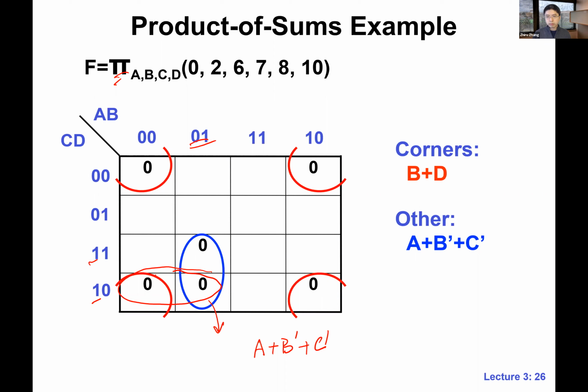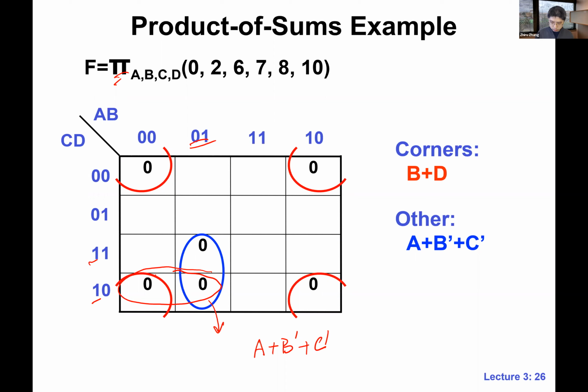We're already done. Of course, if you circle one more thing and add one more term, the final function will not be wrong. It's still a correct function, but it's not as simplified as the one that we just did. Does it make sense? Okay.